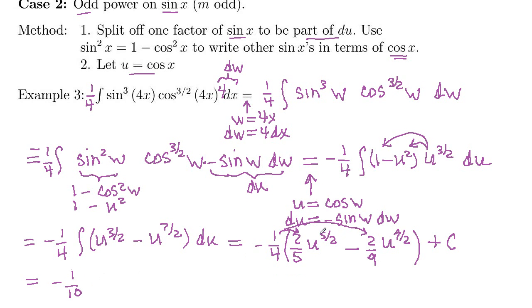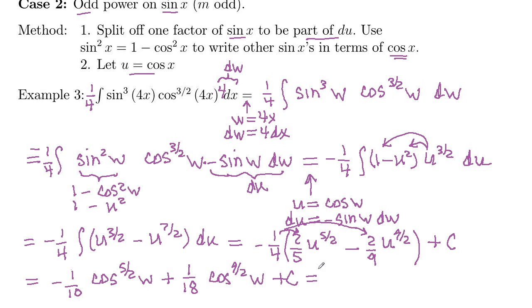And then u to the 5/2. u is cosine of w. So that's going to be cosine 5/2 w. Negative 1/4 times negative 2/9 will be positive. This 2 will cancel into the 4 and leave a 2 down there, times 9, 18. So 1/18. And then u to the 9/2 will be cosine w 9/2. So cosine 9/2 power of w plus constant.